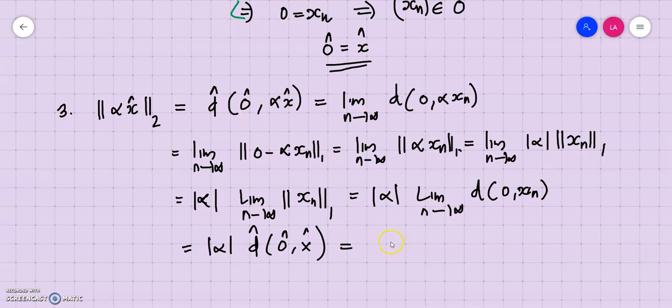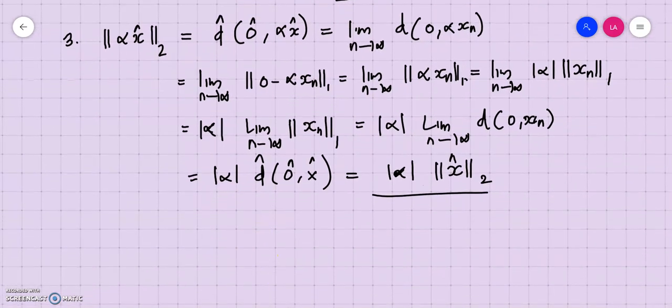So this is by definition modulus of alpha into norm of x cap. So we have proved the third property, which is norm of alpha x cap 2 is equal to modulus of alpha into norm x cap 2.